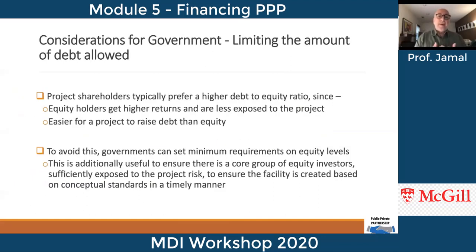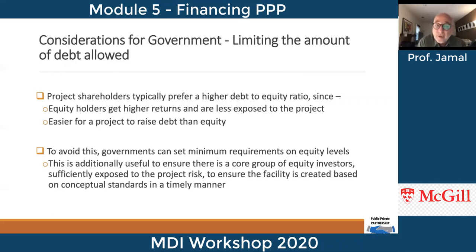When you are limiting the amount of debt, you need to consider that project shareholders prefer a higher debt to equity ratio, since equity is more expensive, as I said, and it is easier for a project to raise debt than equity. You need to avoid that, so government can set a minimum requirement on equity level. It is very important that government have an idea of how much equity you expect, to avoid any uncertainty that could be created.